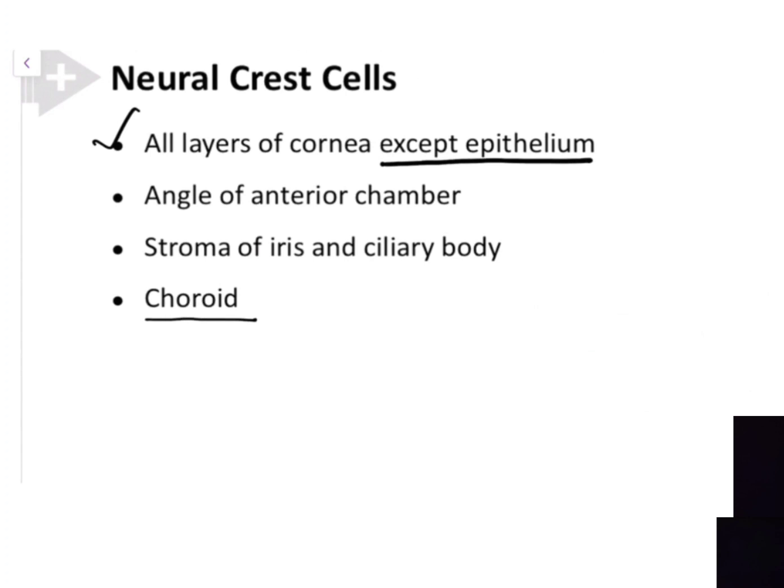So essentially, in most of these anterior segment dysgenesis syndromes, the posterior part of the cornea, the angle of the anterior chamber and the iris stroma are affected. And if the angle of the anterior chamber is affected, you understand that the patient may also end up with glaucoma.